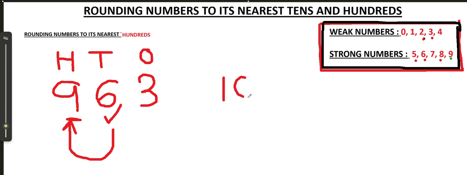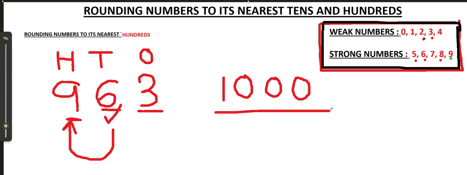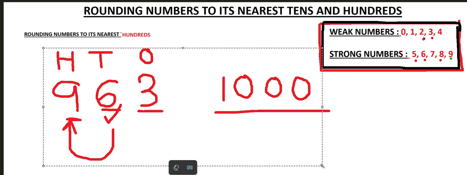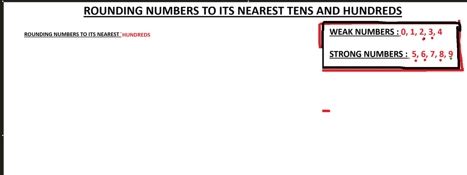So 9 turns into a 10, the 6 drains its energy and turns into a 0. The 3 was also trying to help out 6 because they are all friends. So 963 rounded off to its nearest hundreds is 1000.